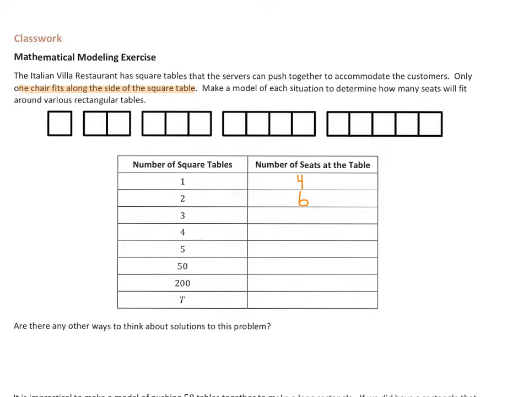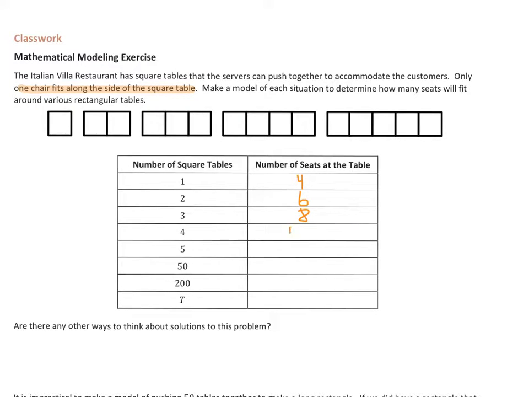So let's look at the third one. 1, 2, 3, 4, 5, 6, 7, 8. Interesting. And let's go to 4. 1, 2, 3, 4, 5, 6, 7, 8, 9, 10.